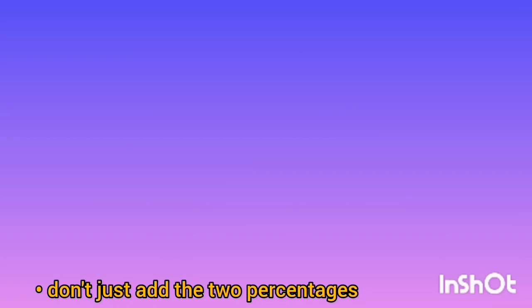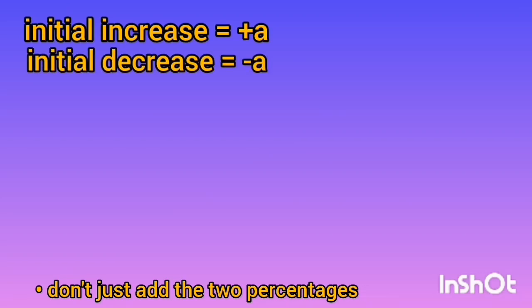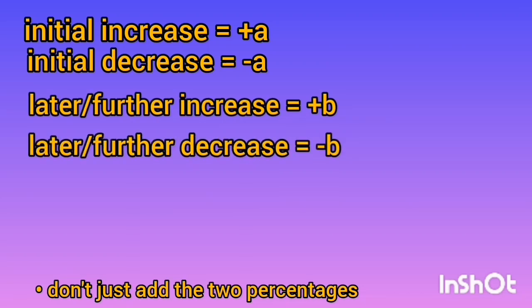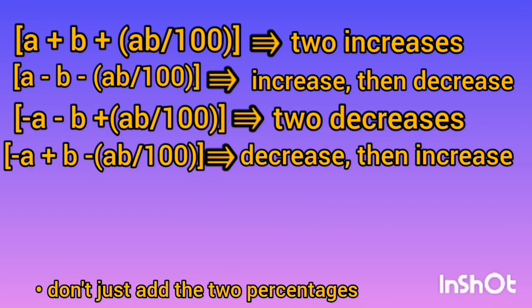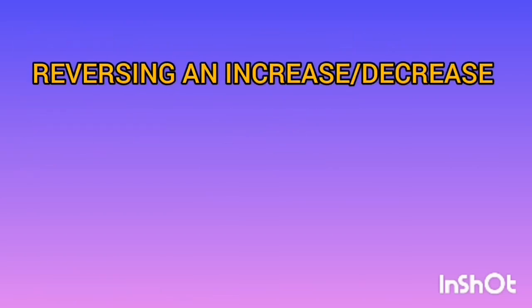Now, representing an initial increase with a positive A and an initial decrease with a negative A, and representing a later increase by a positive B and a later decrease by a negative B. We could find other scenarios with this formula.